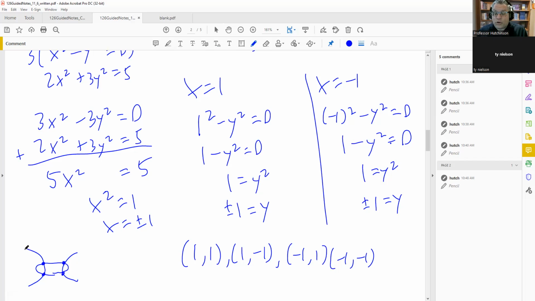That's why it has 4 places. The second equation is the ellipse, and the first one with the minus sign is the hyperbola. Again, you're not expected to know how to graph these now. You will learn that for those of you taking 127. Okay, so again, 4 points of intersection we get for this one.